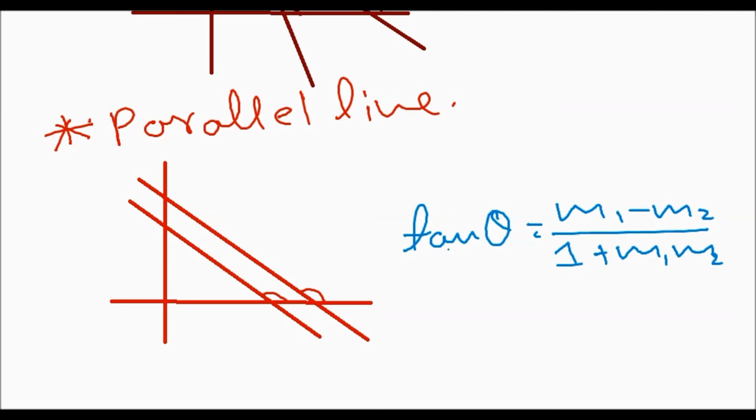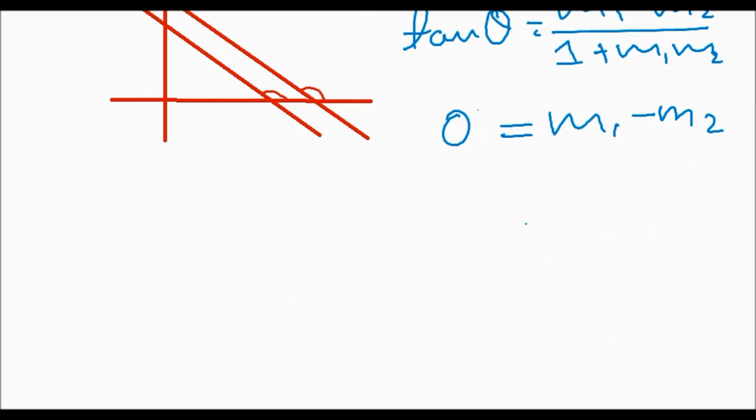Since both lines are parallel, the angle between them will be 0, so 0 is equal to m1 minus m2. Therefore m1 is equal to m2, as expected.